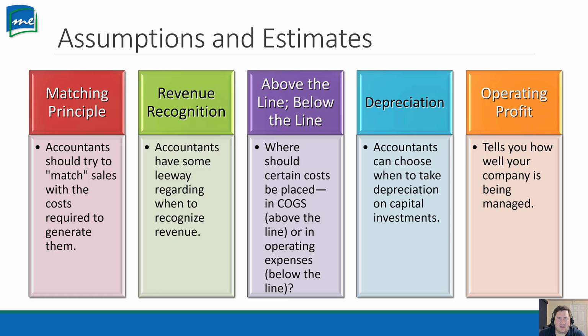Revenue recognition. So accountants can vary depending if they're on a cash basis or an accrual basis for their accounting. It's just at what point do you actually record the sale? Most companies will do cash basis because when the cash is received, that's when the sale is recorded. Some companies try to do the accrual because, well, they're not getting paid right away.